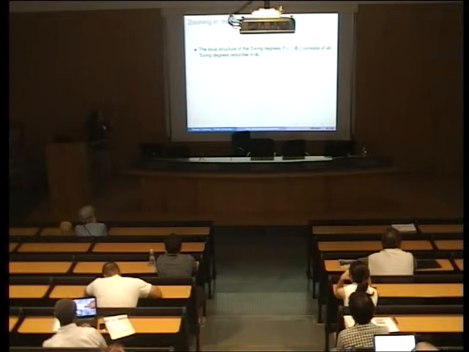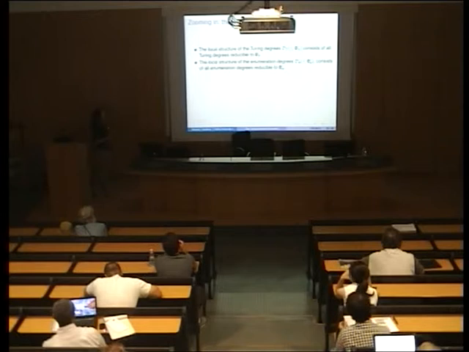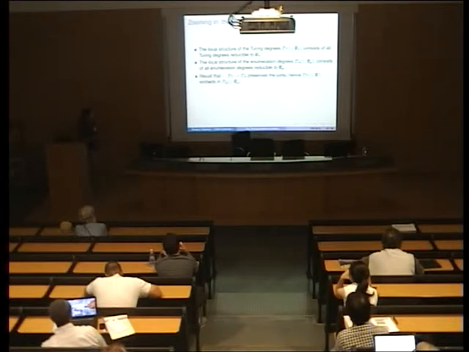So the local structure of the Turing degrees is just the Turing degrees that are Turing reducible to the degree of the halting set. And the local structure of the enumeration degrees consists of the enumeration degrees below 0 prime. Remember that the embedding of the Turing degrees into the enumeration degrees preserves the jump.